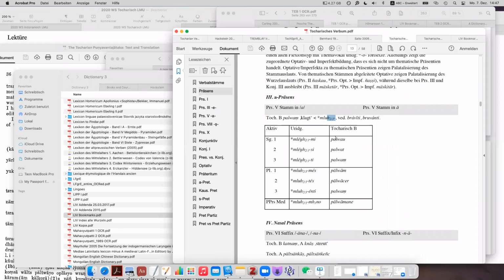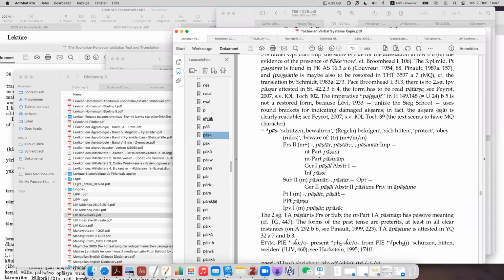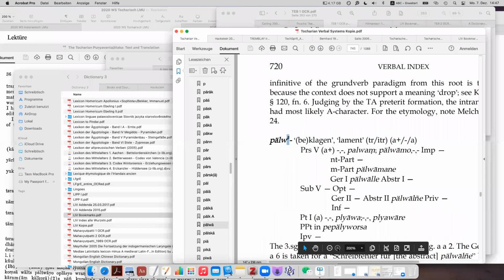If you check the root parwa in the dictionary, you find a small a at the top, right?